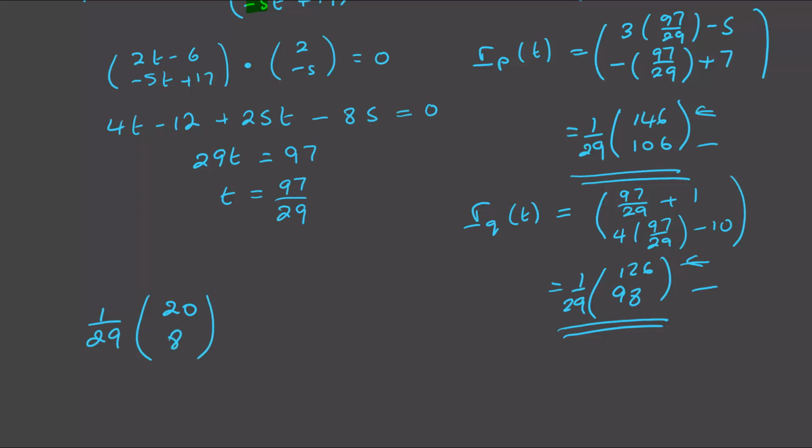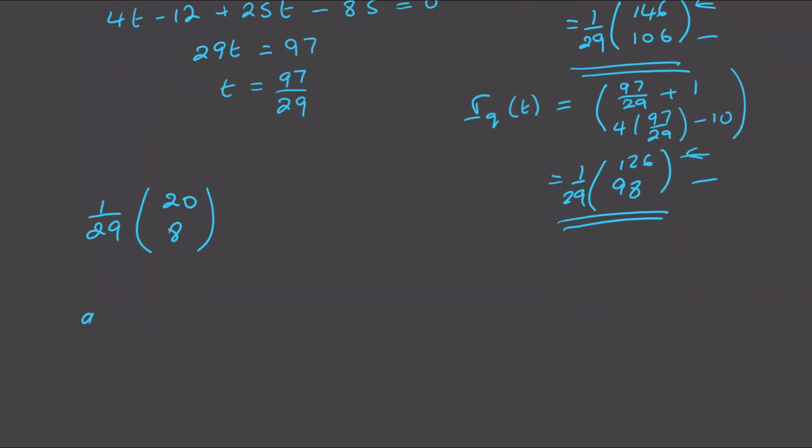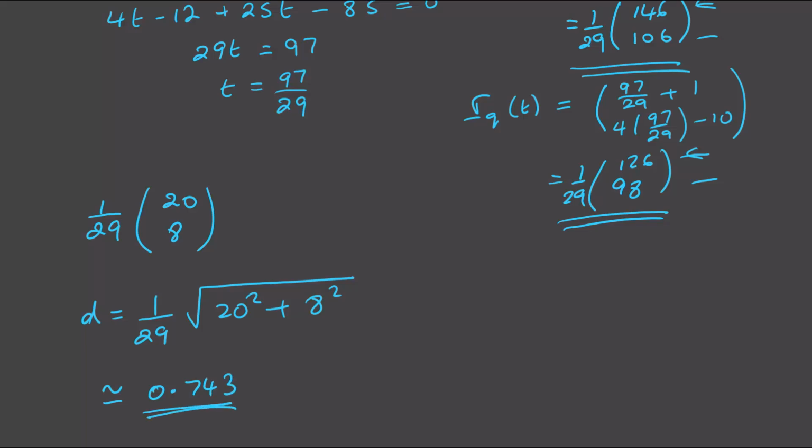And so the distance between them would be 1 over 29 times the square root of 20 squared plus 8 squared. And that is approximately 0.743. I suppose we could have given an exact answer, but the decimal answer is fine for our purposes.